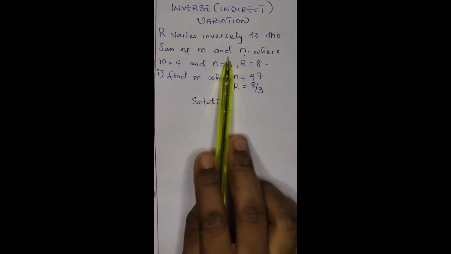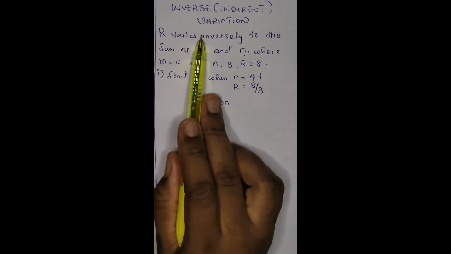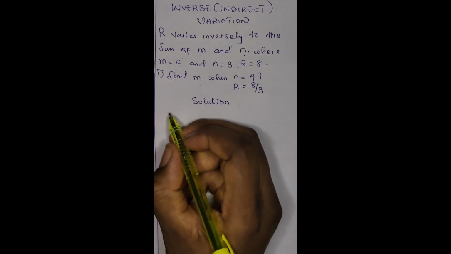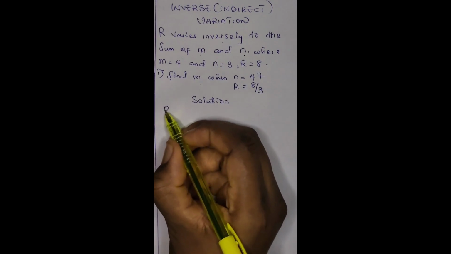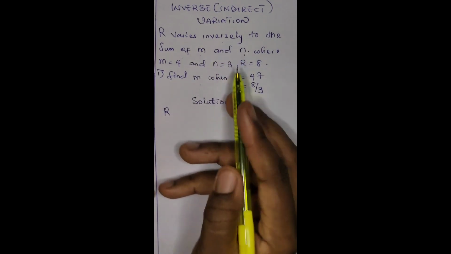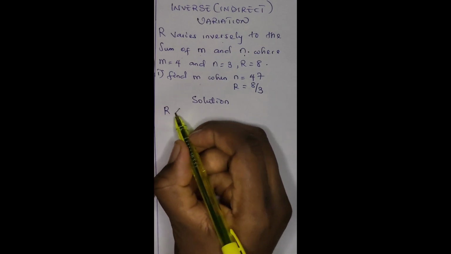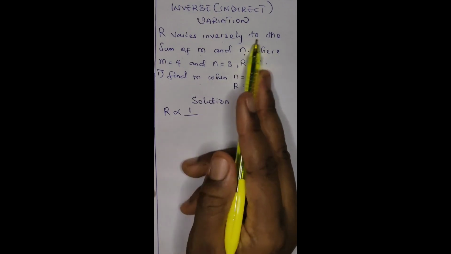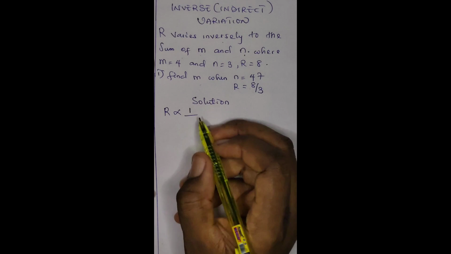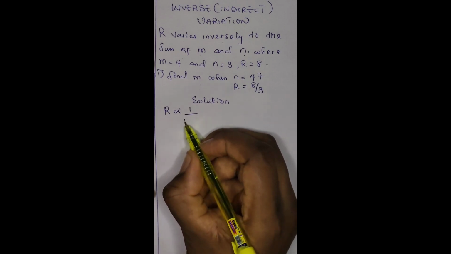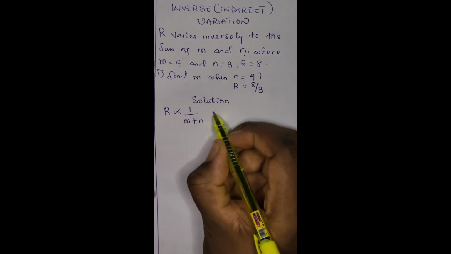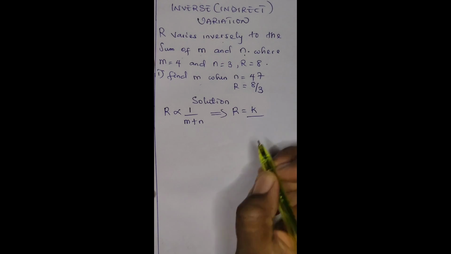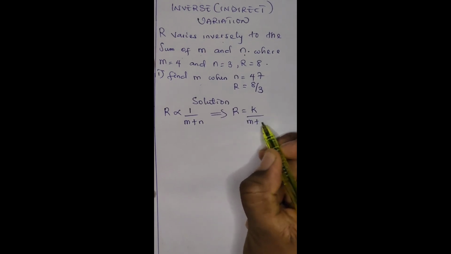So first of all, we are going to be representing this inverse variation. r varies inversely as the sum of m and n, and when we talk about sum, it has to do with addition, which is m plus n. This implies that r is equal to k, which is a constant, over m plus n.